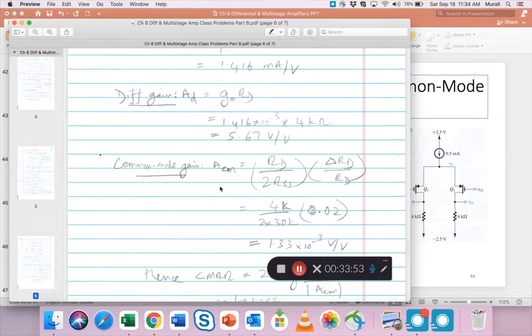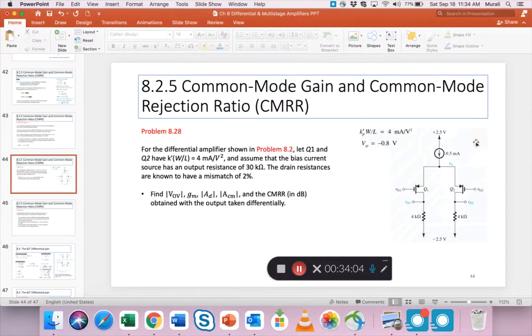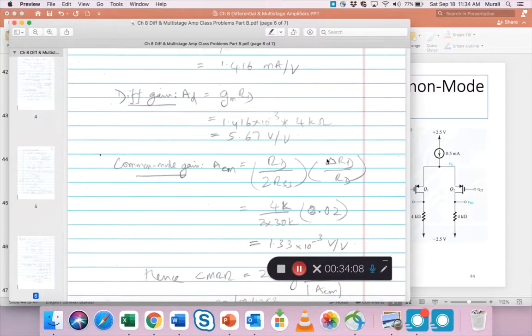Common mode gain, on the other hand, is a definite value because of the mismatch of the resistance in the drain circuits. So 2% means this ratio delta RD by RD is 0.02.